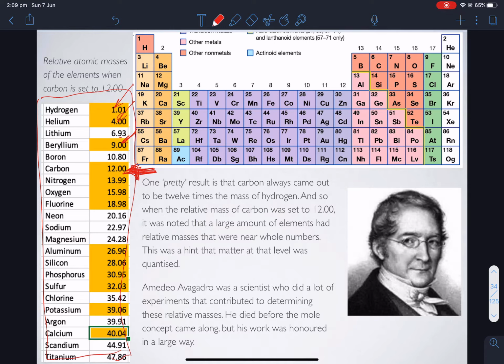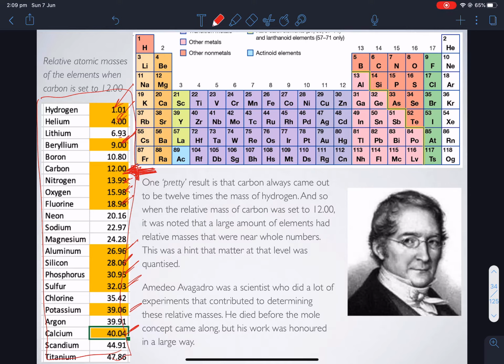Beryllium's right on 9. Nitrogen is just a touch under 14. Oxygen's just a touch under 16. Fluorine's just a touch under 19. And look at these other near integers higher up. That's a very pretty result. And it kind of gave a clue that matter came in chunks, or was quantized, yeah?